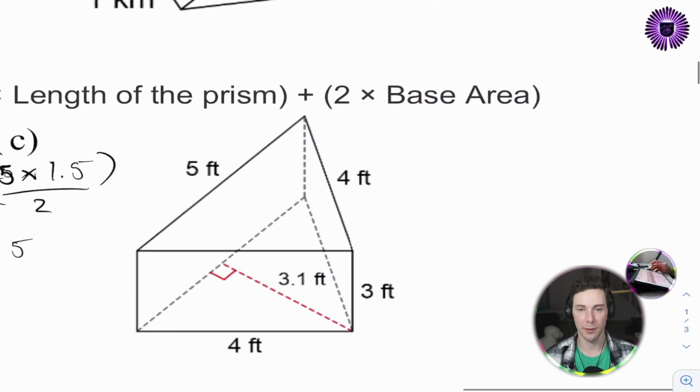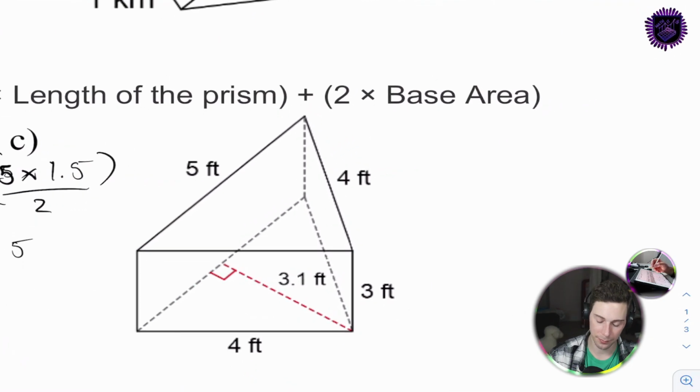All right, so again, perimeter of this shape. Surface area is going to be equal to the perimeter of the shape, which is 5, 4, 4. So it is 13 times 3, which is the height.